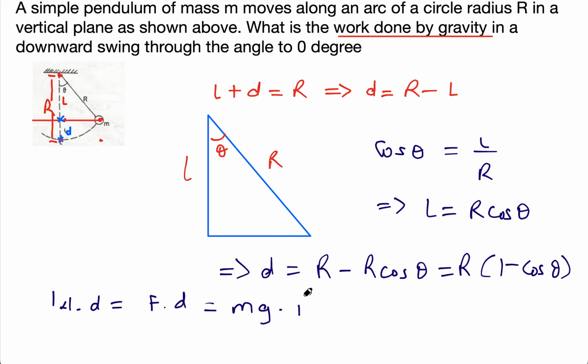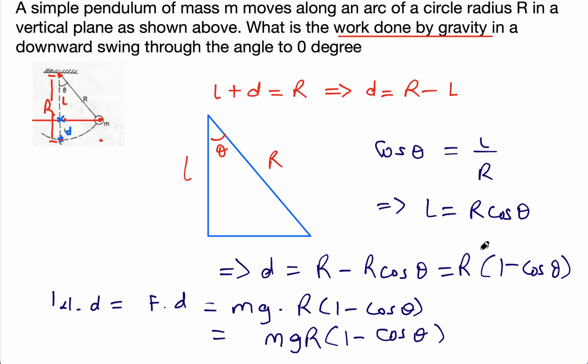The distance I got is R times (1 minus cos θ). So putting this together, you have mgR(1 minus cos θ). That will be the work done by gravity in a downward swing through the angle θ.